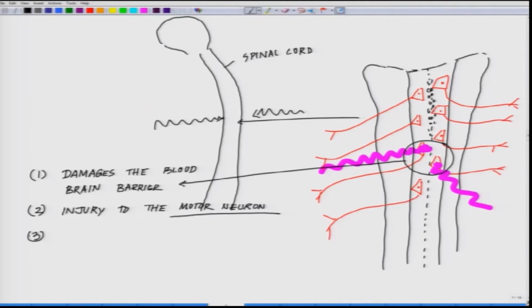Third important thing what happens is, because of the damage of the blood-brain barrier, there is an influx of immune cells which arise from blood because of damaged blood vessels.